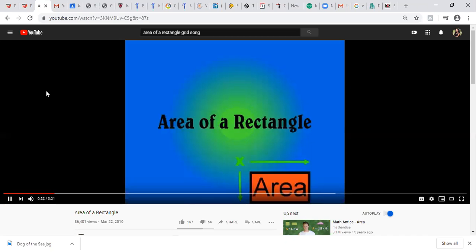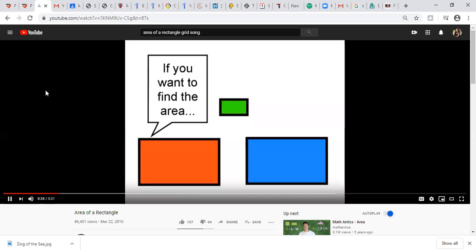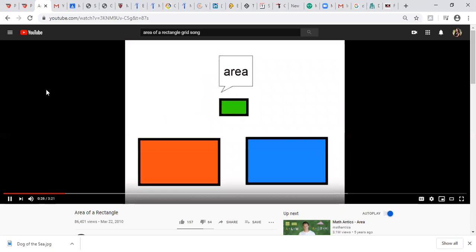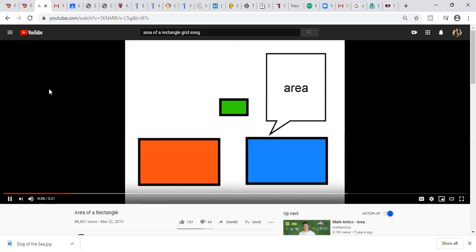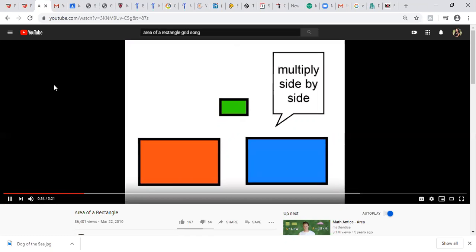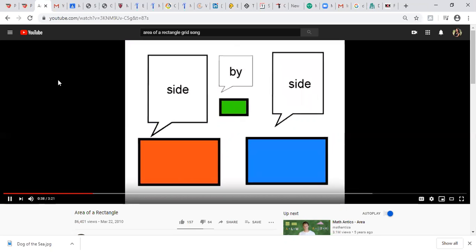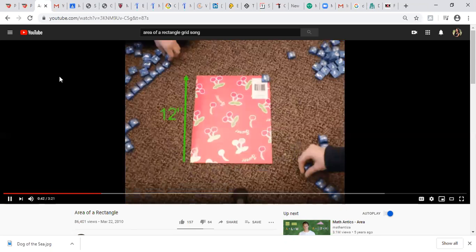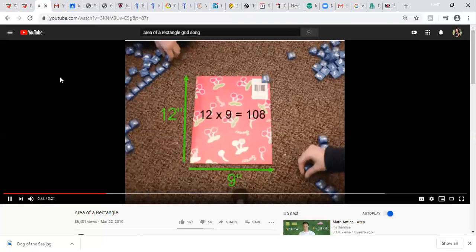If you want to find the area, area, area, if you want to find the area, then you multiply side by side, side by side. A rectangle has length and width. You multiply the pair.